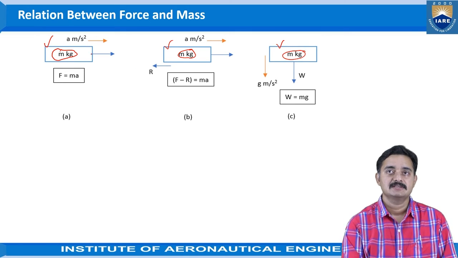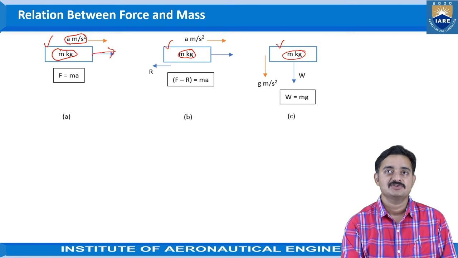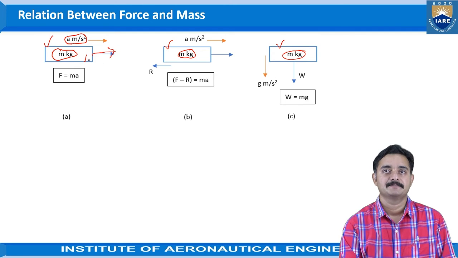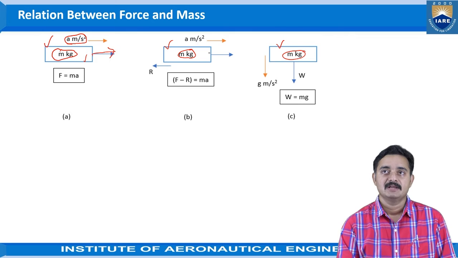Here the object is applied with some force, and because of that force an acceleration of a meters per second square is achieved by the object in case A. Also in case B, again a force is applied, where a meters per second square is the acceleration achieved by the object.